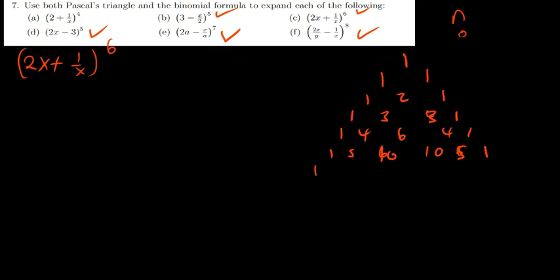So the other one will be 1, 6, 15, 20, 15, 6, 1. So for raised to the power of 6, I will use the coefficients which are, I'll put them here: 1, 6, 15, 20, 15, 6, 1. Then I think I should go ahead and solve also part D.